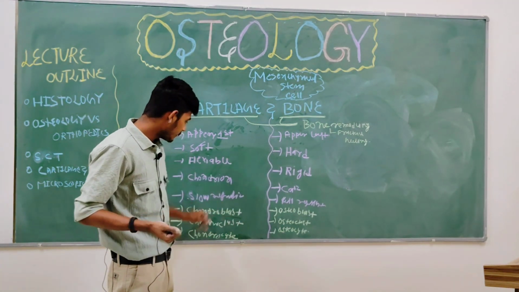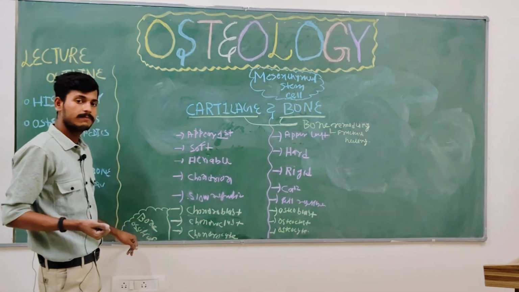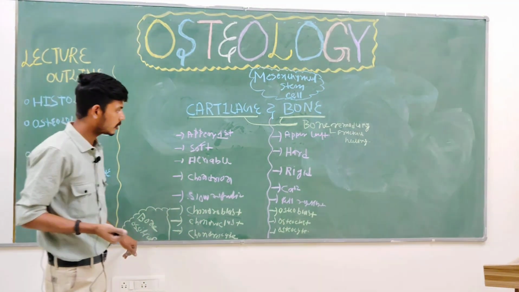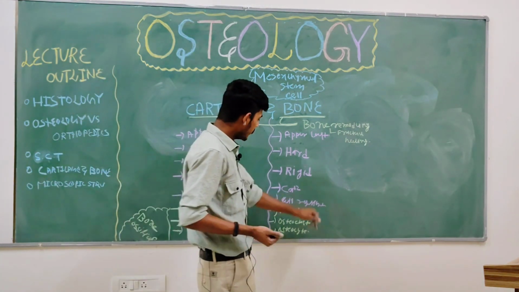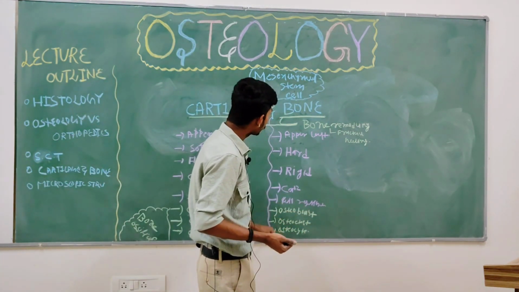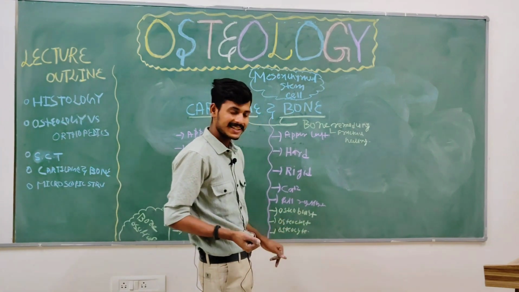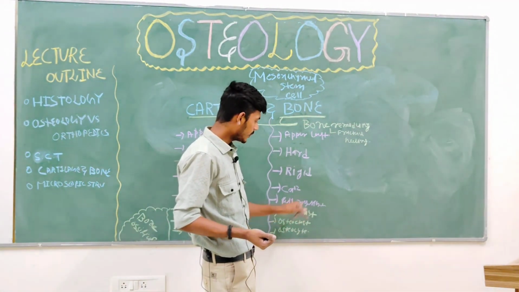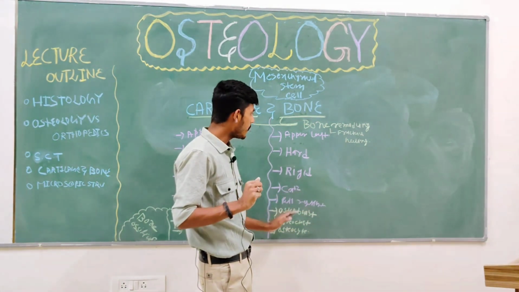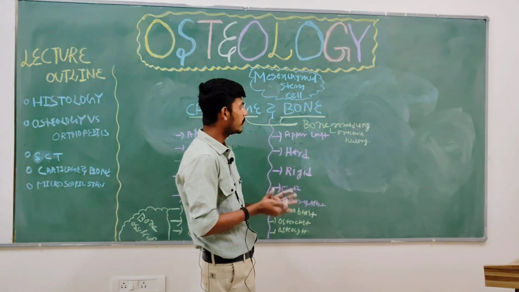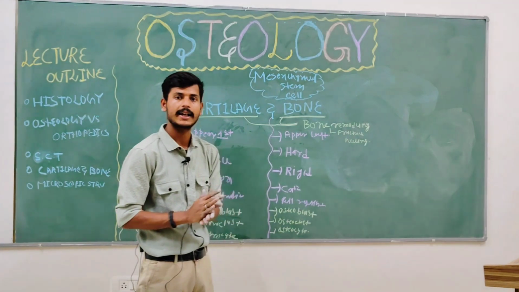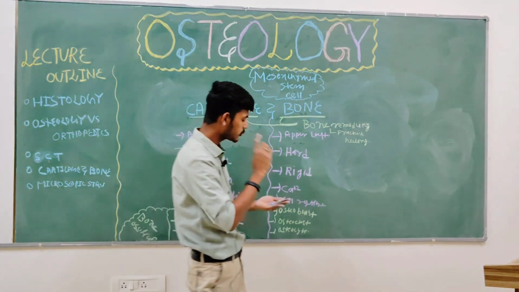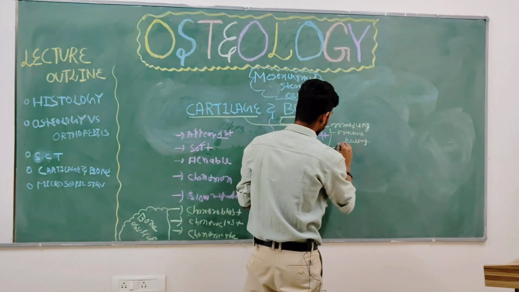Another function is bone ossification, formation of the bone. In the case of bone, there are three cells: the osteoblast, osteoclast, and osteocyte. They have their own functions, and apart from that they are actively involved in bone remodeling, fracture healing, and also bone ossification.